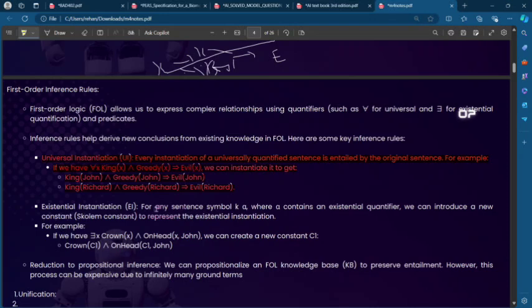Then existential instantiation. It says that for any sentence alpha containing an existential quantifier, we can introduce a new constant, called a Skolem constant, to represent the existential instantiation.